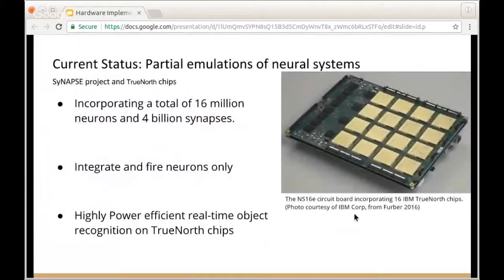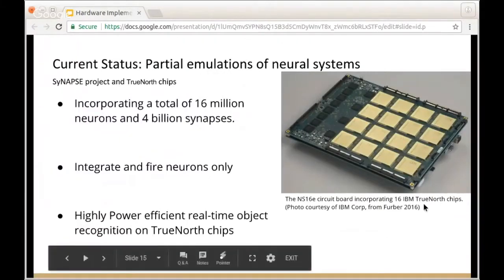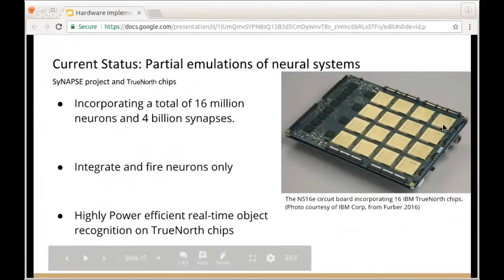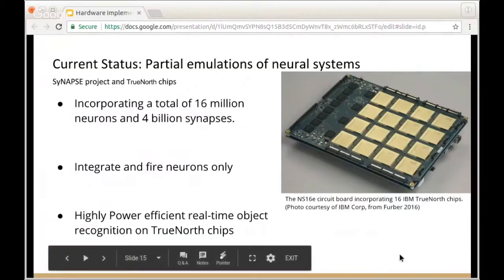And this is another project called TrueNorth chips under the SyNAPSE project. Each of the yellow chips that you're seeing here is a TrueNorth chip, and the board shown here contains 60 million neurons and 4 billion synapses.